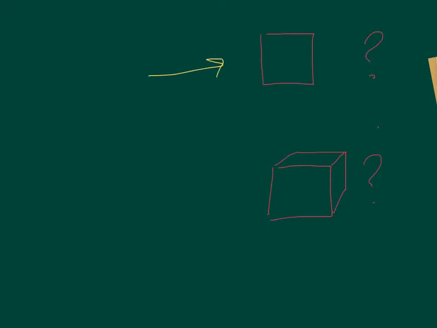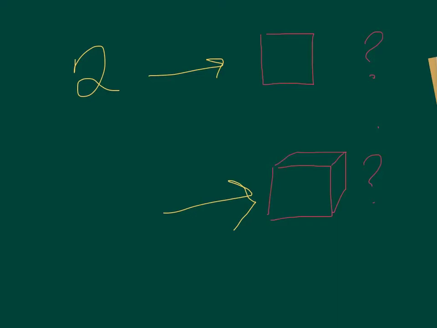Is this square a prism? No, because it's only two-dimensional. It doesn't have any sides that we can say are flat and rectangular and opposite of each other. Okay? Is this, I'm sorry, a prism? Yes, because it's three-dimensional.